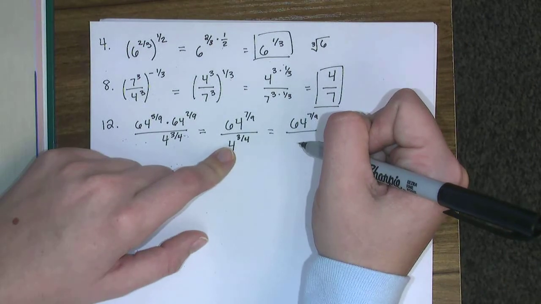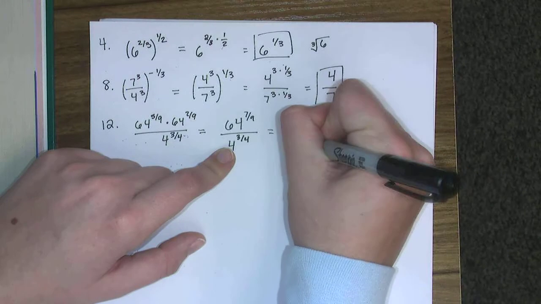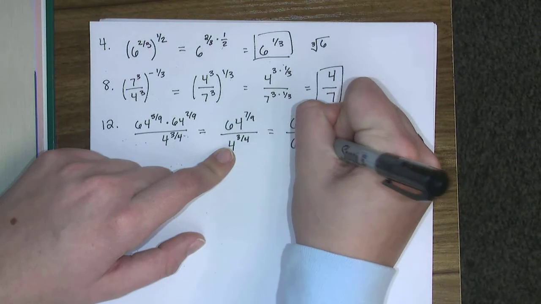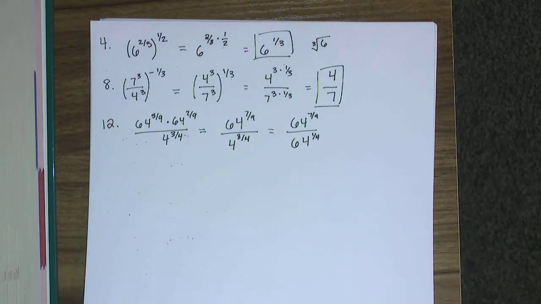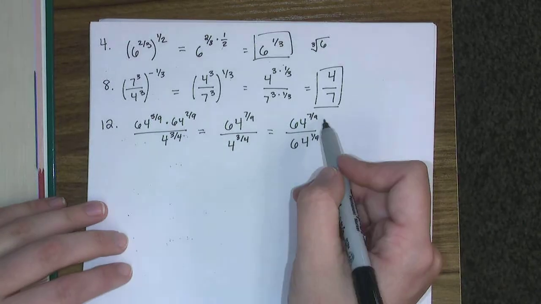And now if I wanted to deal with my exponents, I could do that. So I want to move this one up to the top, so I'm going to subtract it. So come down here, 64 to the 7 over 9 minus 1 over 4.